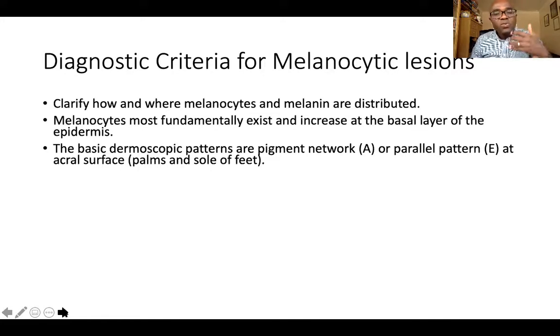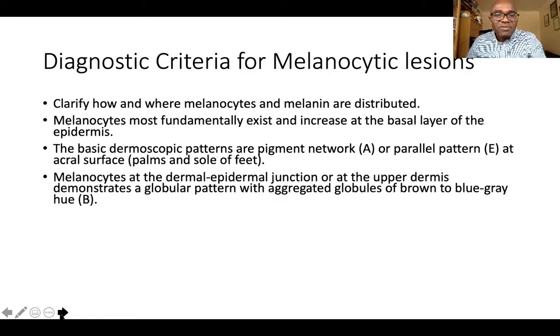So when you're looking at dermoscopy patterns of the network or the parallel pattern, this is what you're looking at: the melanocytes and where they exist within the structure. If it has any of those 5 criteria that I mentioned in the previous slide, then you're talking about a melanocytic lesion. I'm going to show you the 5 criteria, A to E.